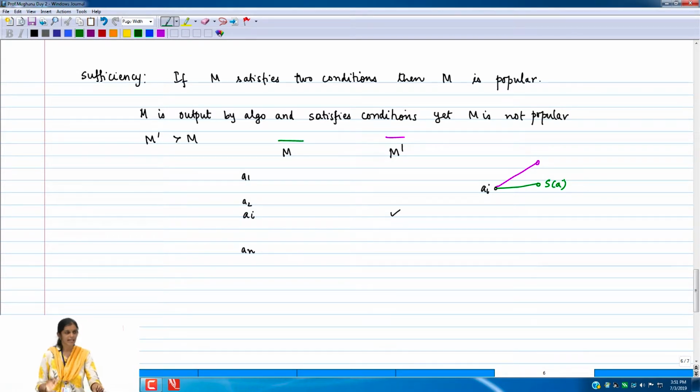But what we can try to do is, just the way in the stable matchings we showed, if for every applicant AI that votes for M prime there is another applicant AJ that votes for M, then these are unique applicants. For each AI I find another unique applicant that votes for M, then I am done, right?